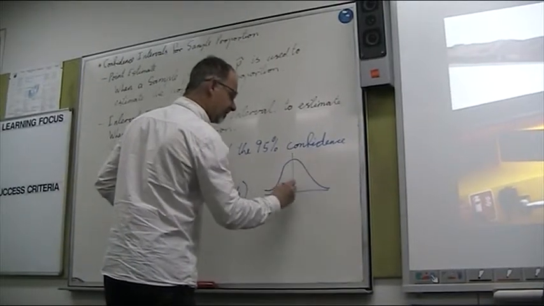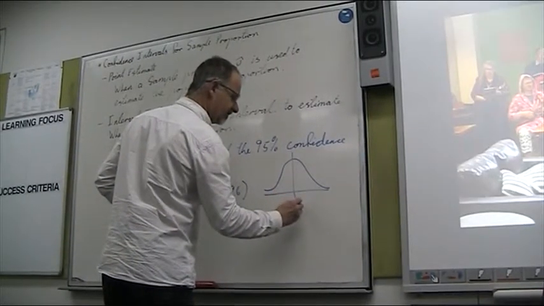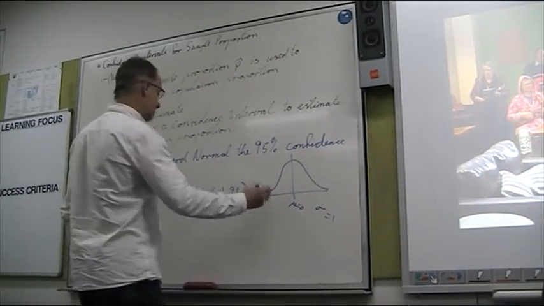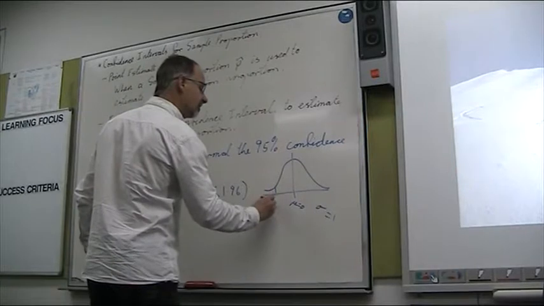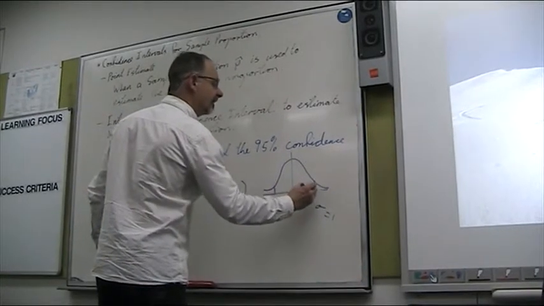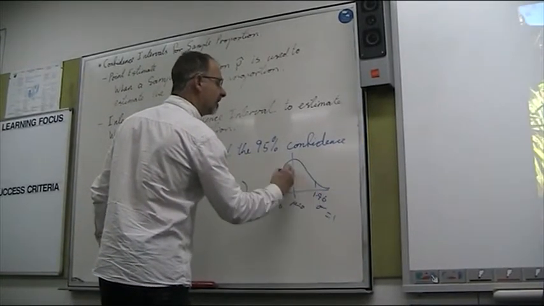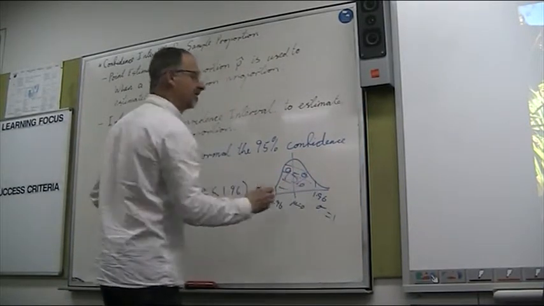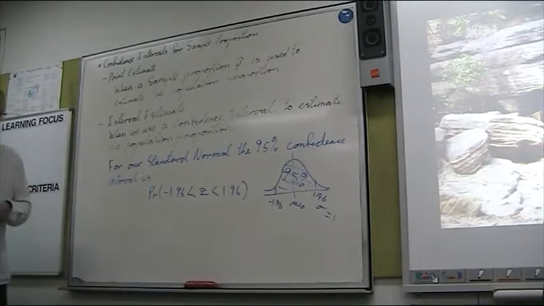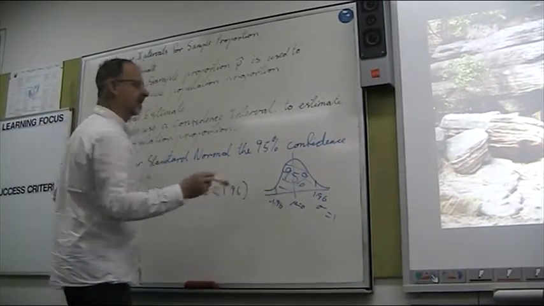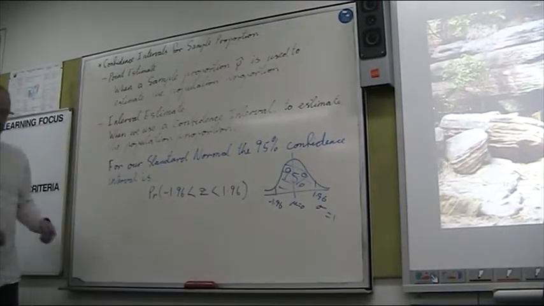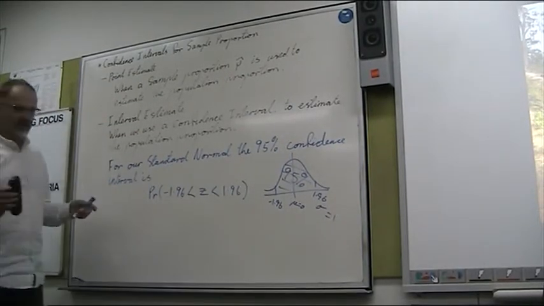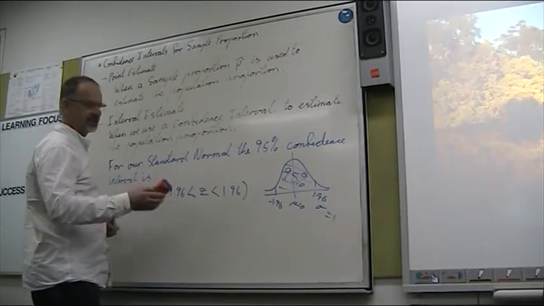So for a standard normal distribution, here's our standard normal, where our mean is equal to 0 and our standard deviation is equal to 1. Then between there and there, in this bit here, that's where we have 95%. So the mean plus or minus 2 standard deviations, I should say.